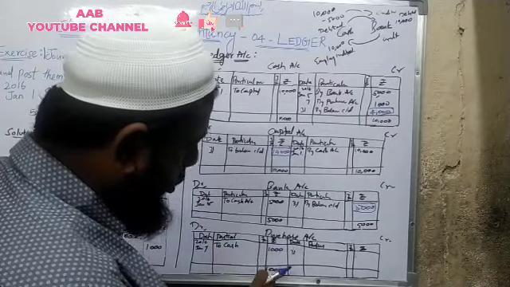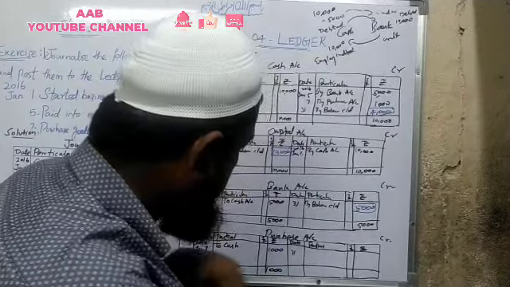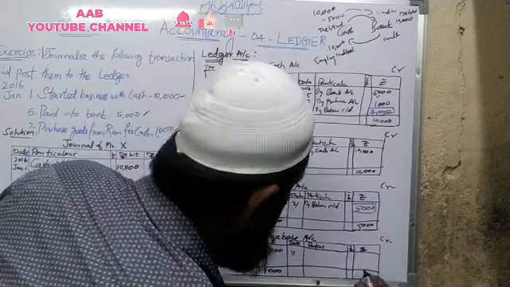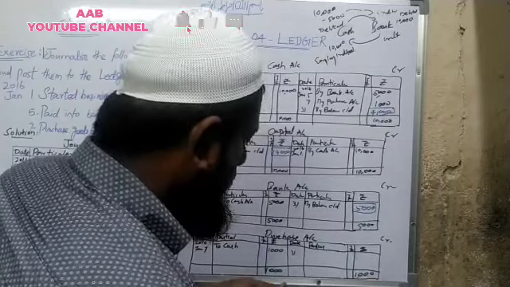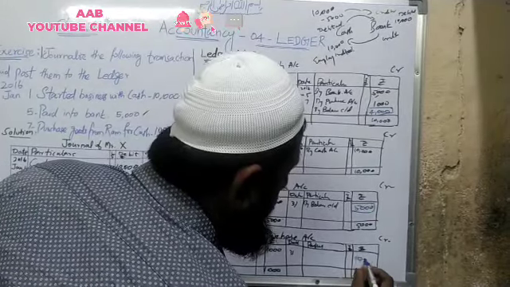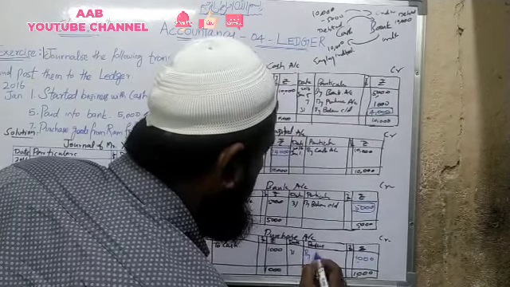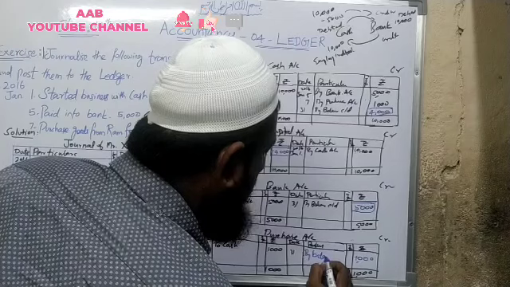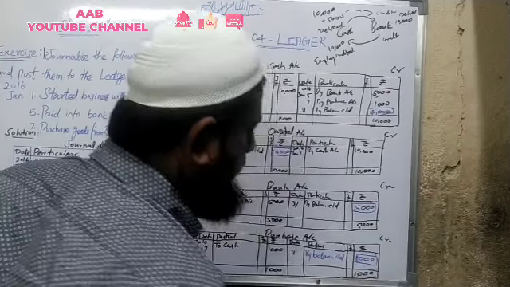The cash account amount is 1,000 rupees, the same amount, 1,000 rupees, on the credit side. So the difference is 1,000 rupees, by balance carried down, 1,000 rupees.